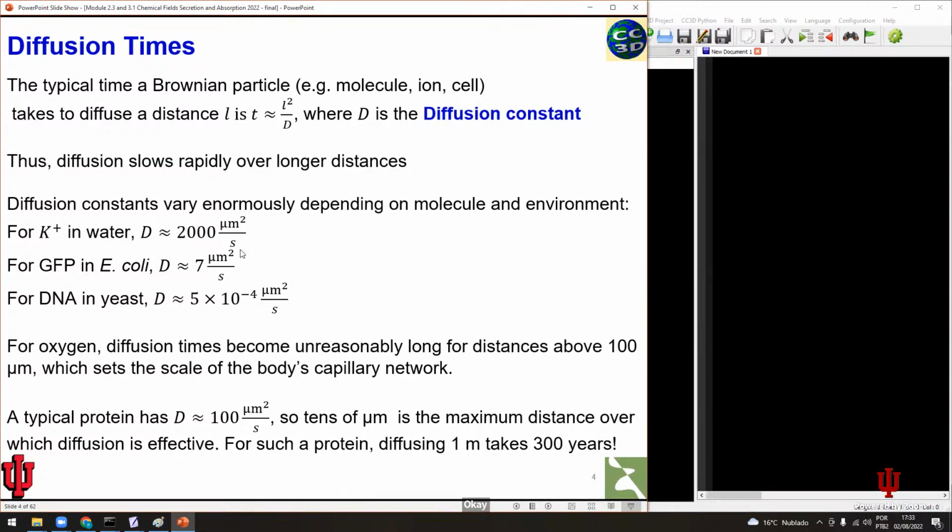For a typical protein inside the cell, the diffusion coefficient will vary around 100 micrometers squared per second. So you will expect a protein to travel distances in the tens of micrometers, okay? And there's a nice estimation here. It will take 300 years for a protein to diffuse 1 meter on average.